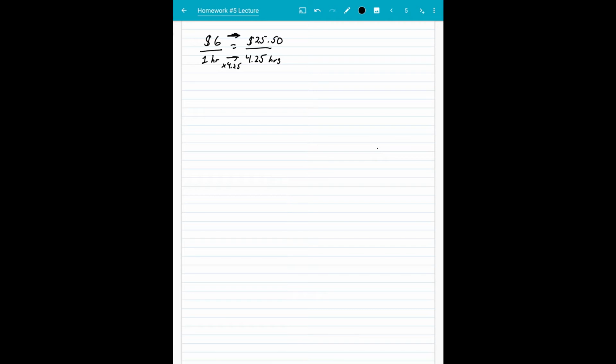Now, one way to check to see if numbers are proportional is we can look at the two numbers given to us. So like number 12 on your homework says, is 9 over 3 proportional to 12 over 4? And you can see here there's no easy number it multiplies to. So one of the easiest ways is to just simply divide these numbers separately. 9 divided by 3 simplifies to 3. 12 divided by 4 also simplifies to 3.